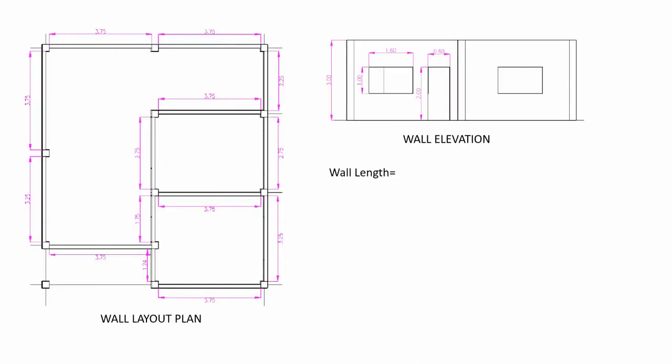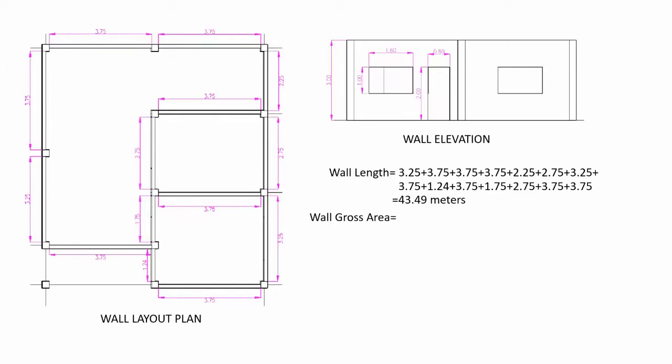Now we need to know the total area of the wall, the vertical area. First, we need to calculate the total length of the wall in the plan. We'll start here, then go clockwise, then go inside. So the total wall length is 43.49 meters.